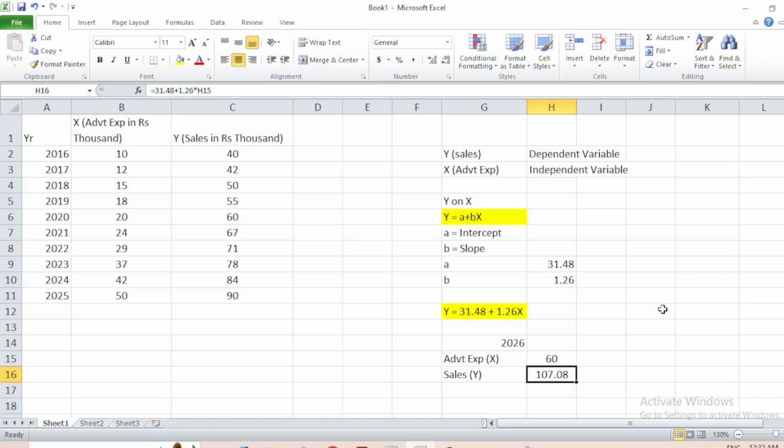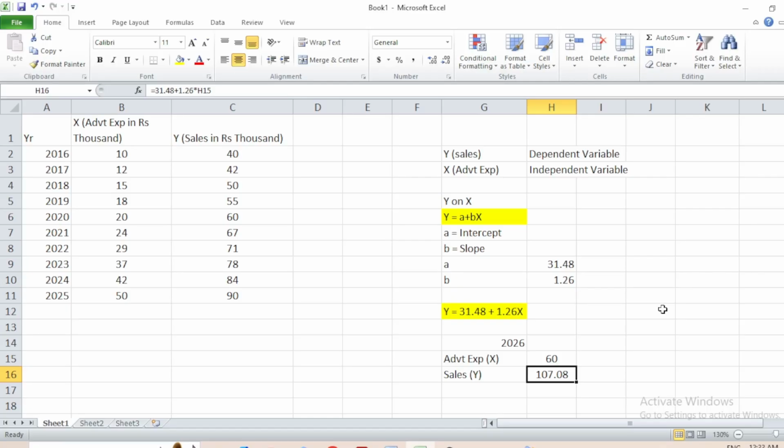But remember, this is just an estimation. The actual figure might vary because in real life, sales would not only depend upon advertisement expenditure. There will be a lot of variables. But for simple regression, we will assume that there are only two variables, the variable x and the variable y.